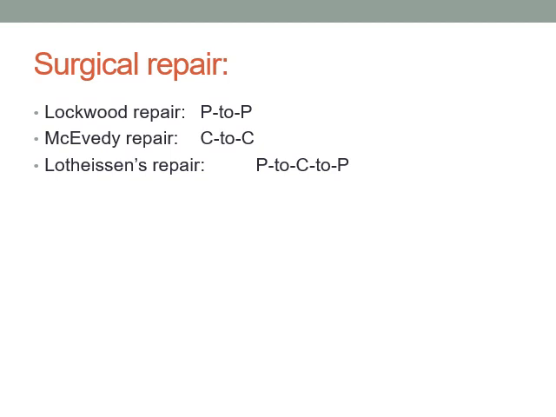We have the C2C repair or McEvedy repair, suturing the conjoined tendon to the Cooper's ligament. We have the Lotheissen's repair, which is B2C2P, in which we suture the Poupart ligament to the conjoint tendon to the pectineal ligament.